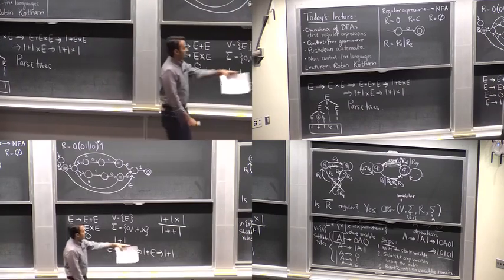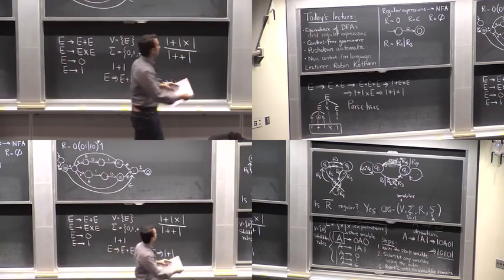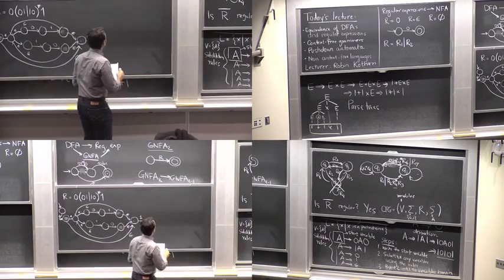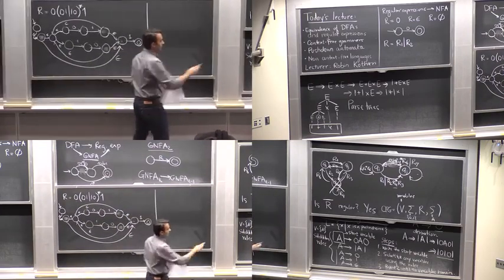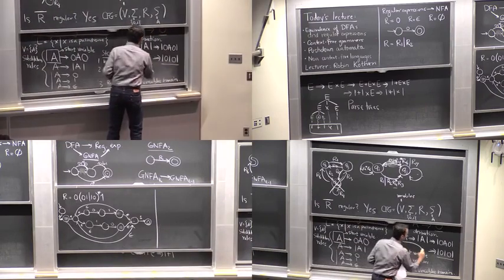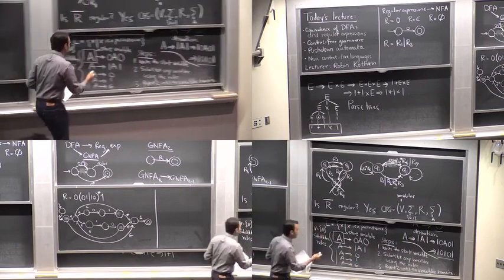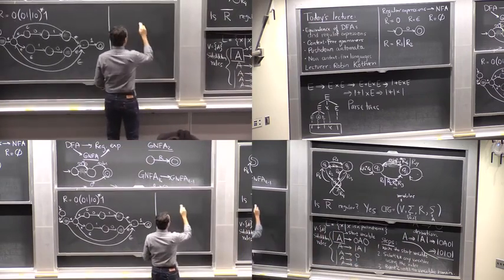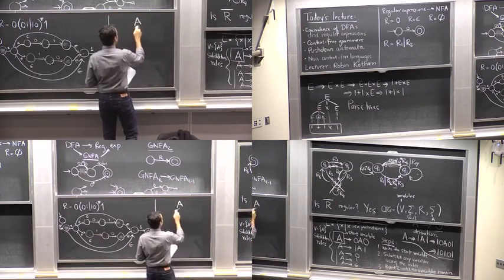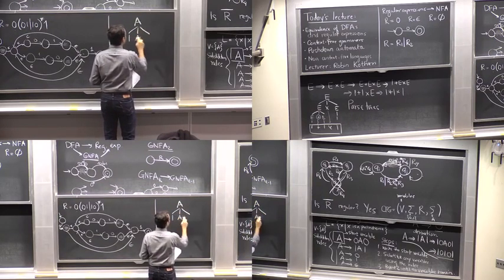You can come up with parse trees for this string over here as well. Maybe I'll do that. I have some space over here. So this derivation over here, I can show you a parse tree for that. We started with the variable A. We use the rule that A can go to 1A1. So 1A1.